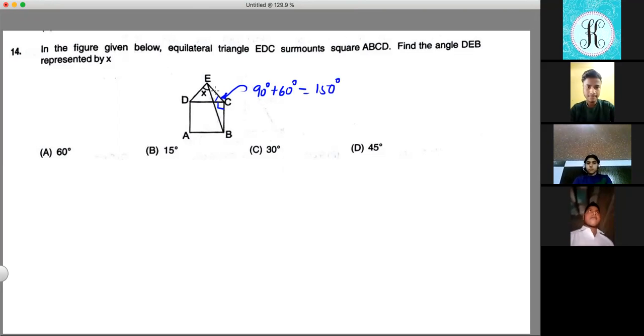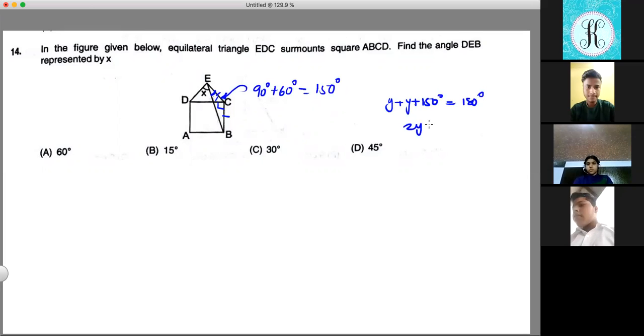So can we say something about this angle now? See, this side is equal to this side. All the sides are equal. So if this angle is, let's say, y, then y plus 150 should be, by angle sum property, 180 degrees.